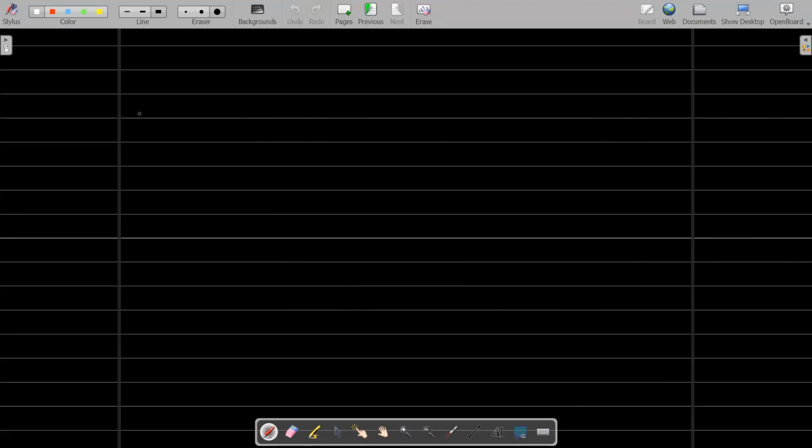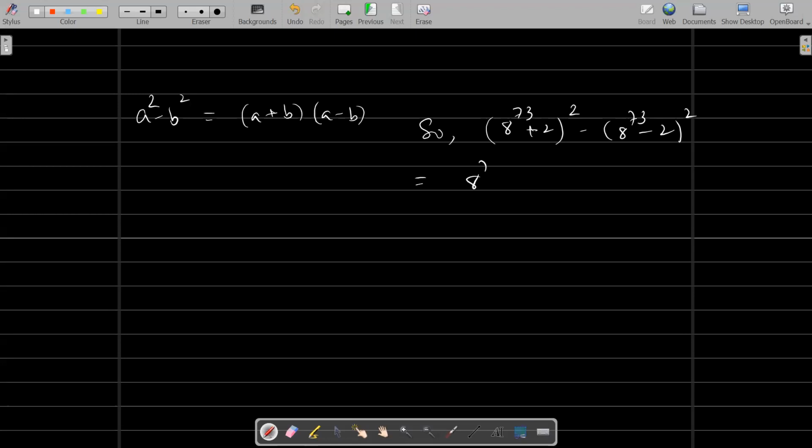So another way we can do is use the formula for a square minus b square. That is a plus b into a minus b, right? So 8 raised to 73 plus 2 square minus 8 raised to 73 minus 2 square is equal to 8 raised to 73 plus 2 plus 8 raised to 73 minus 2, into 8 raised to 73 plus 2 minus 8 raised to 73 minus 2, so that is plus 2.